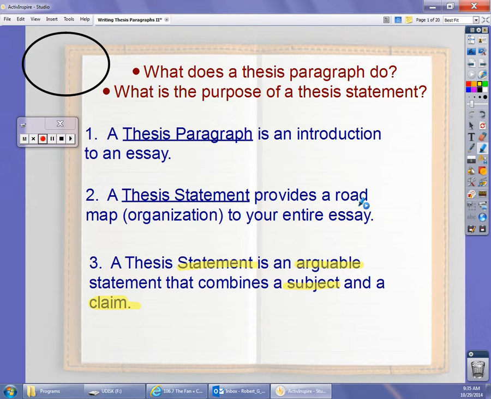This thesis statement is going to come as the last sentence in your thesis paragraph. I know the terminology might be a little confusing, but the thesis paragraph is the introduction, and your thesis statement is the statement at the end of the paragraph.